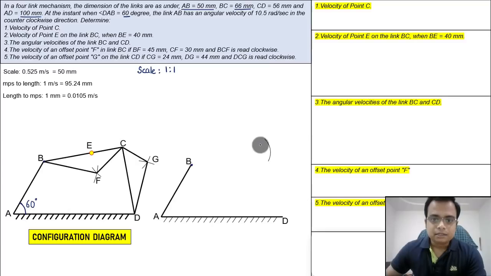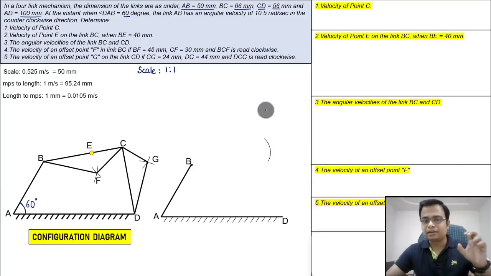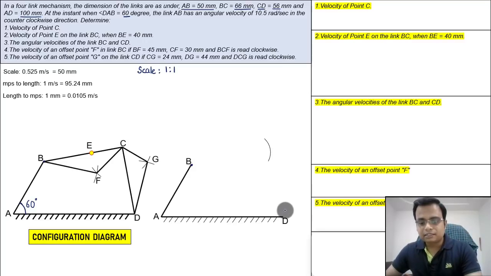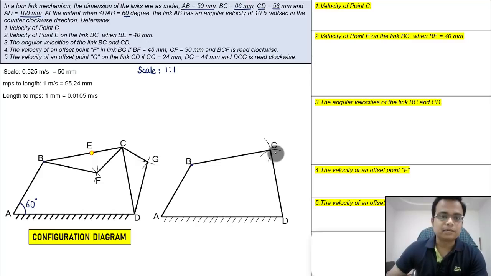Similarly, somewhere along this arc, we have point C, and its distance from point D is 56 millimeters. So again, with 56 millimeters as the radius and with D as the center, you need to cut an arc yet again, and this is going to give you point C. Now let's join C with B and C with D. So this is pretty much done.